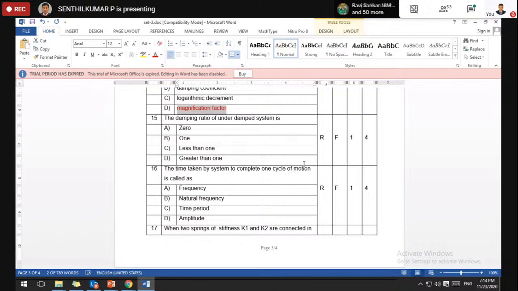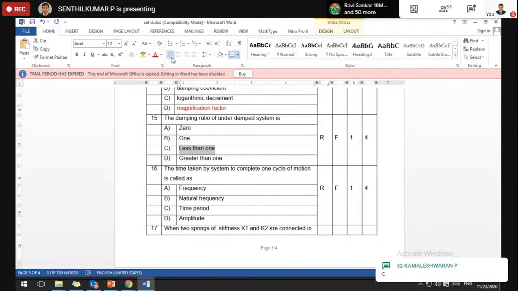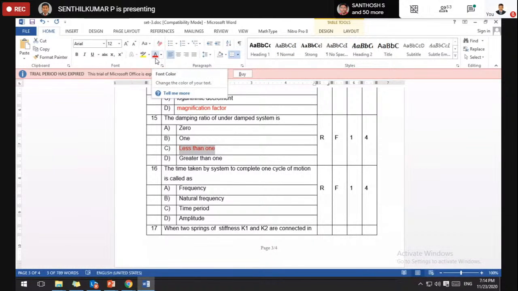The damping ratio of an underdamped system is less than 1. This is very, very important. There are 3 different types of systems: underdamped, overdamped, and critically damped. You must know the difference between all 3. You will get a minimum of 3 to 4 questions from that area.